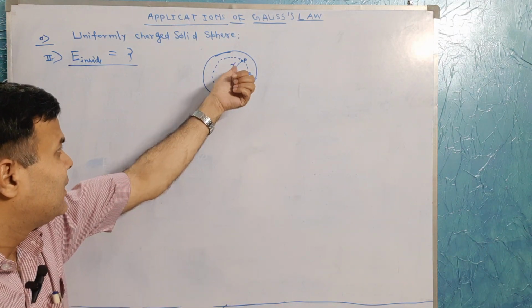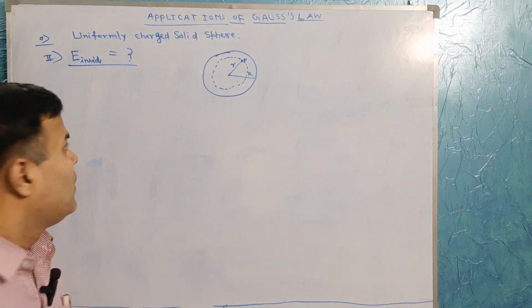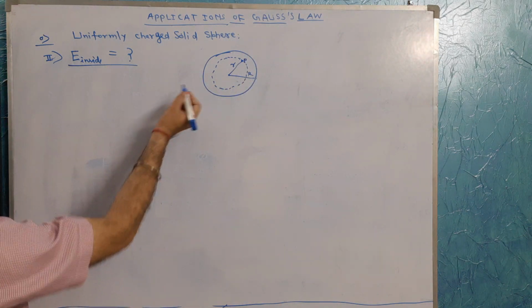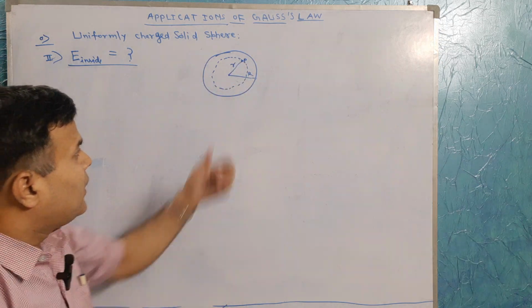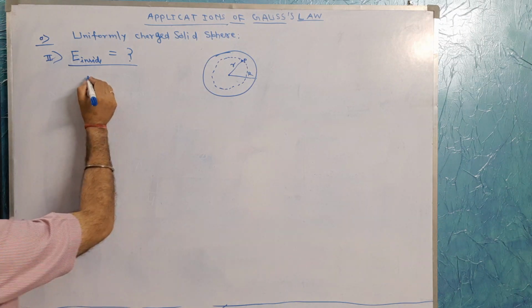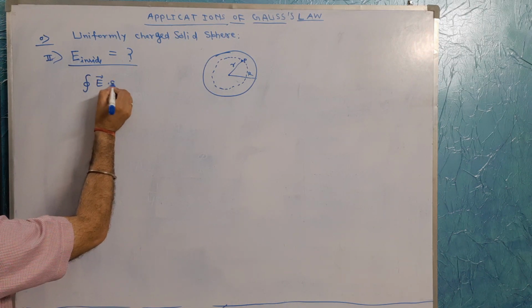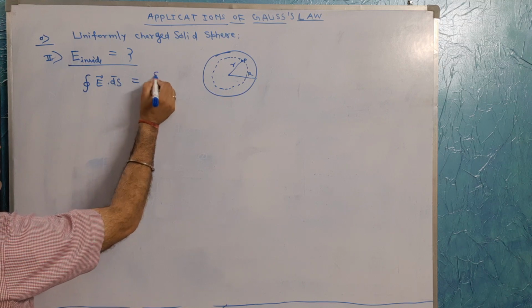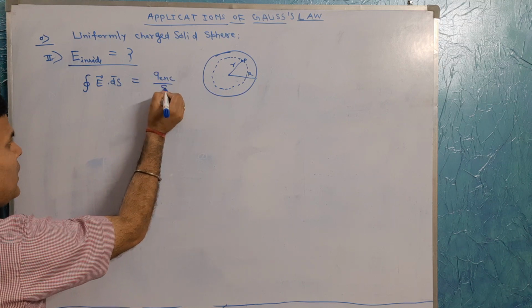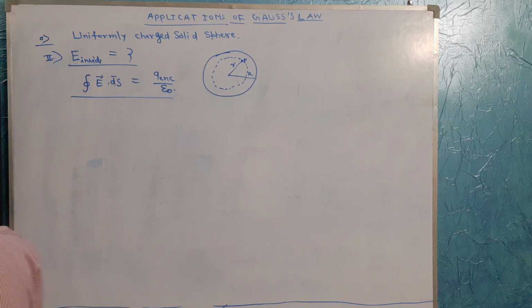So we can write it as R1, R2. Again we want to find out the electric field inside the Gaussian sphere. Again we have Gauss law: E dot ds is equal to Q enclosed by epsilon naught. So what is our left hand side and what is our right hand side?